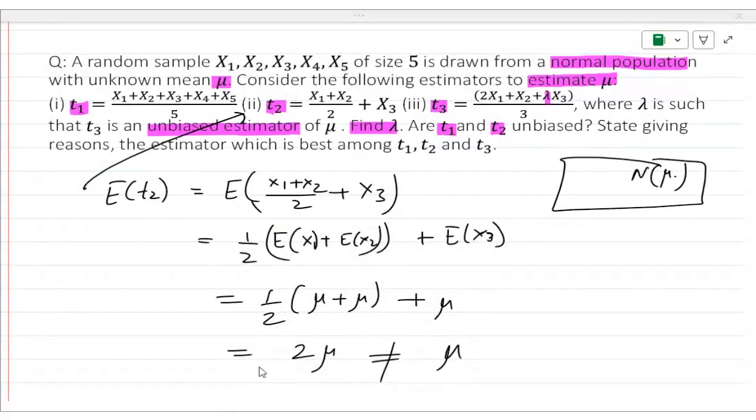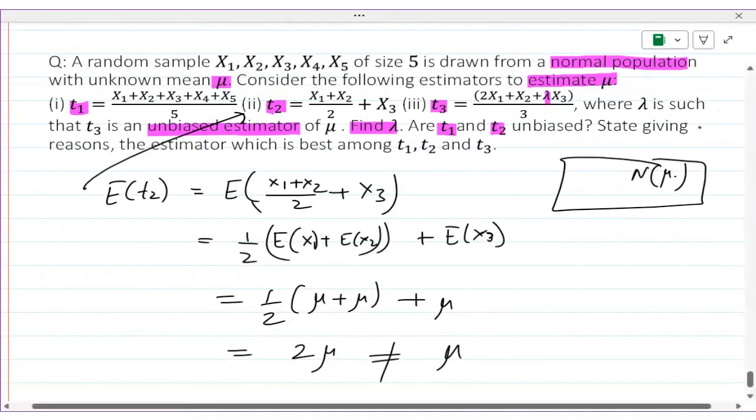Does any student have an answer? Roshan said 0. Other students also please answer these questions. These are not difficult questions.